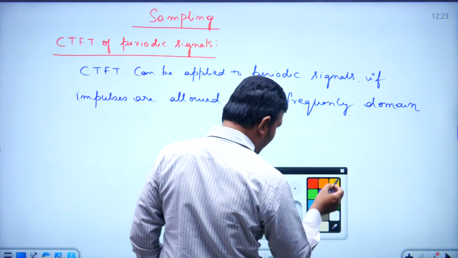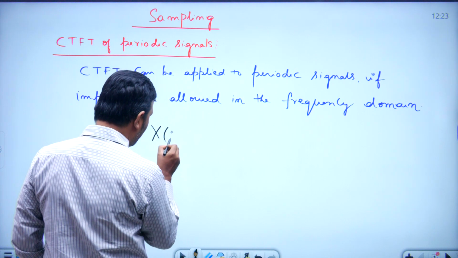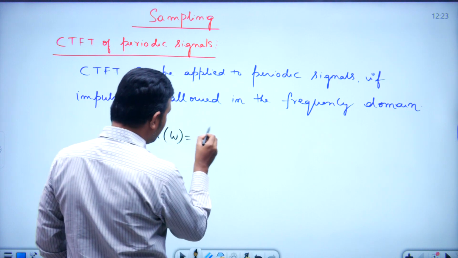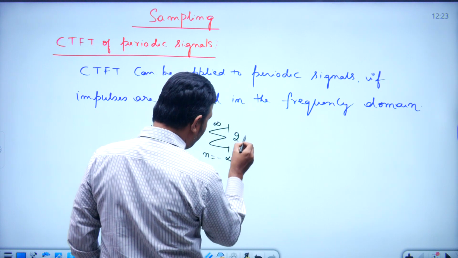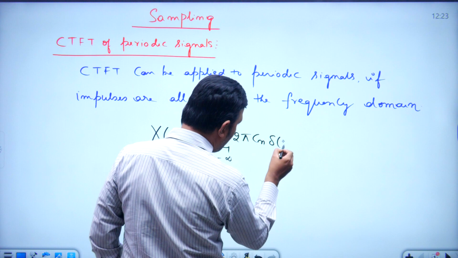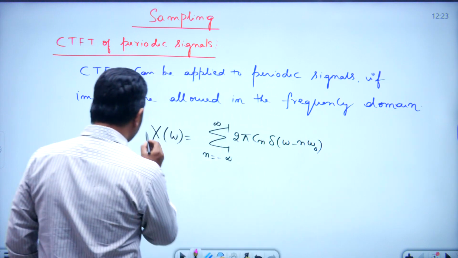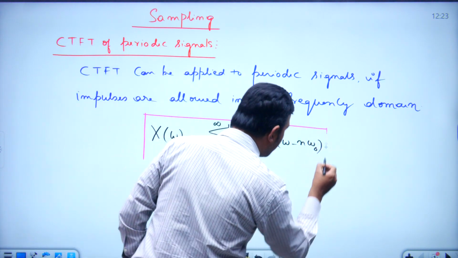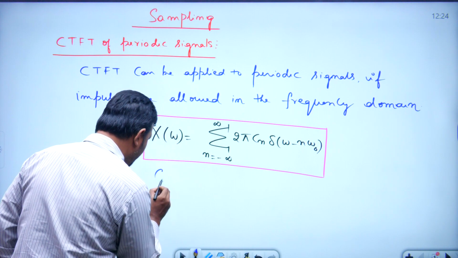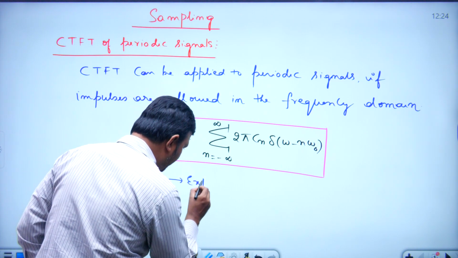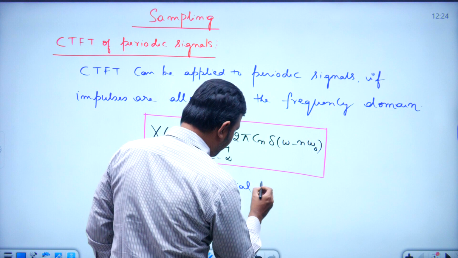We have one expression, you can use that expression to find the Fourier transform, that is given by X of omega is equal to summation n varying from minus infinity to plus infinity 2 pi Cn into delta of omega minus n omega naught, where Cn is the exponential Fourier series coefficient.